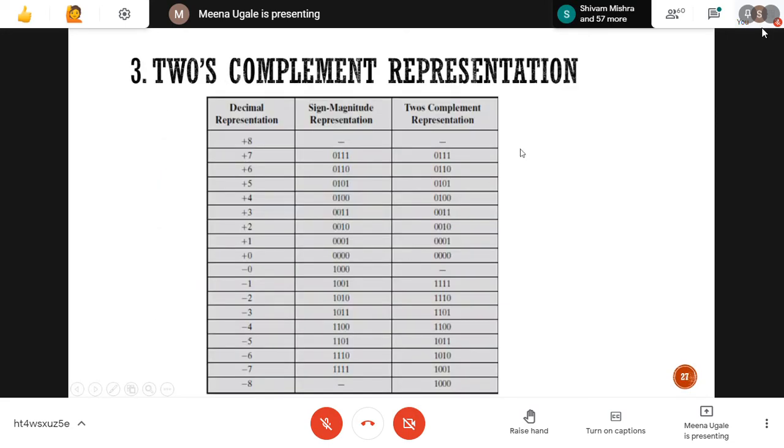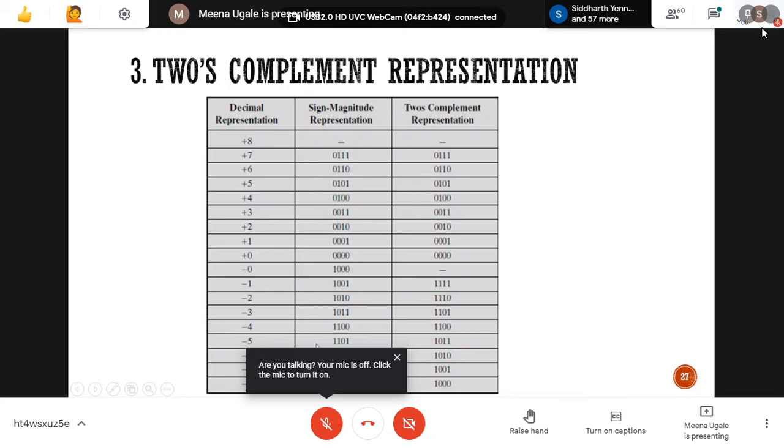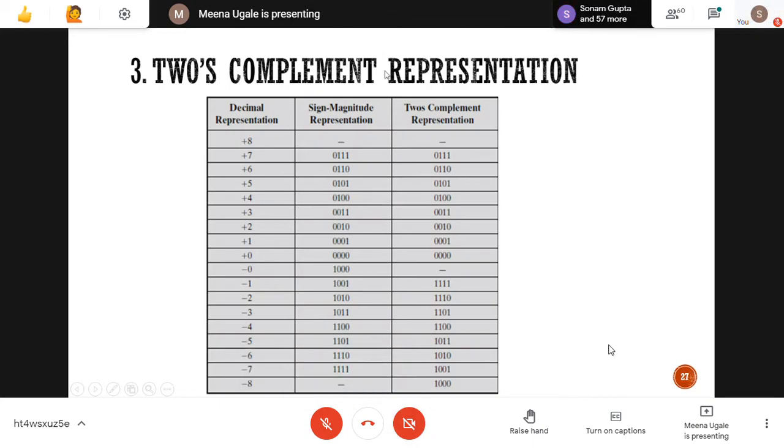This is the table showing you. Right now it may not be visible very clearly, but you can observe it afterwards also. In decimal representation, I have written some numbers from 0 to +8 and 0 to -8. And when I have these numbers, how I can write that in sign magnitude is written here. How I can write the same numbers in 2's complement representation is written here.